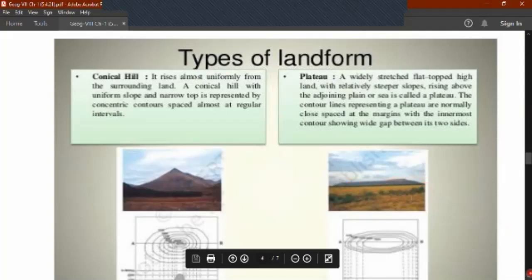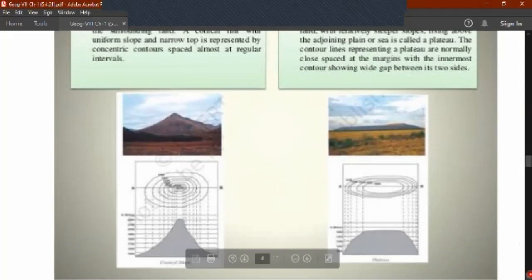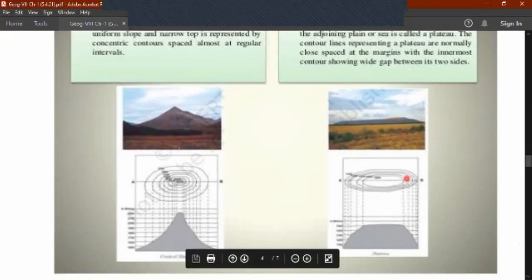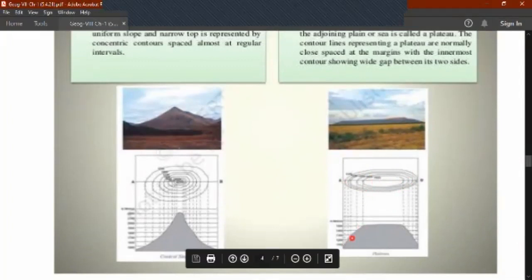On a topo map, plateaus are marked by contour lines close to each other on all sides, while there are none or very few lines at the center. So this is the diagram of a plateau.